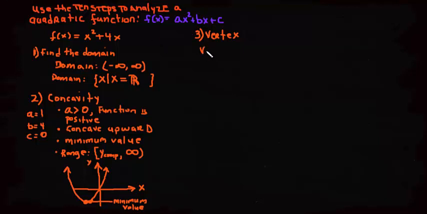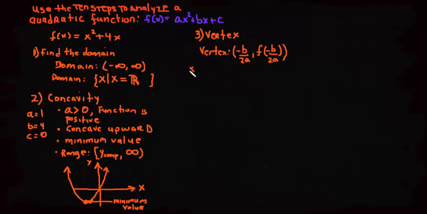The vertex is going to be negative B over 2 times A. And then, of course, whatever that value is will go back into the original function.